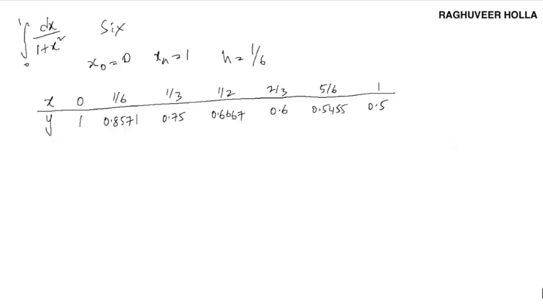So let us substitute this and find the integral 0 to 1 dx by 1 plus x squared, which will be 0.6932.